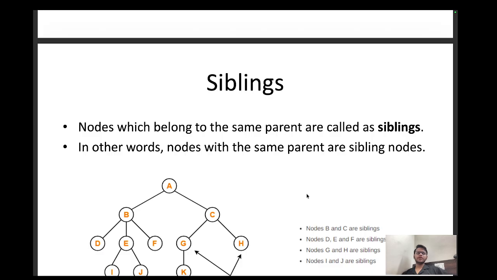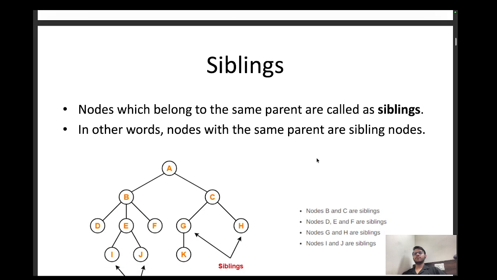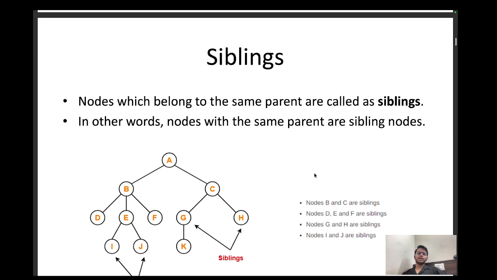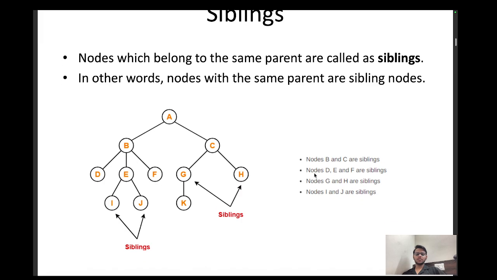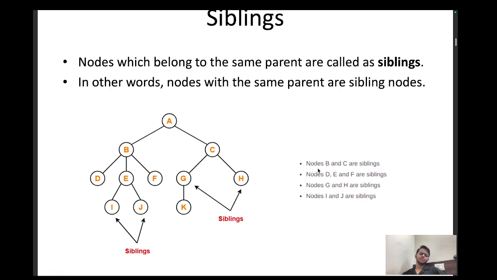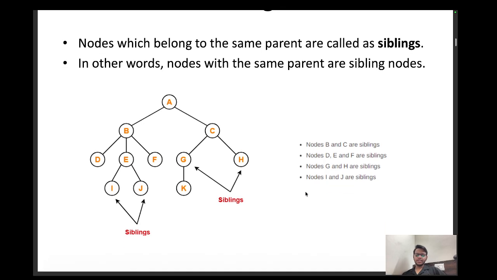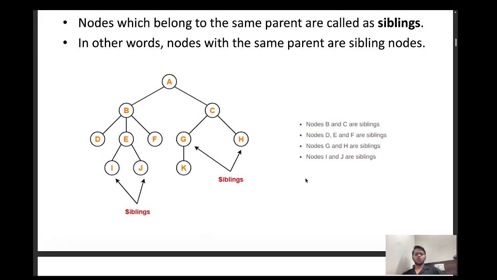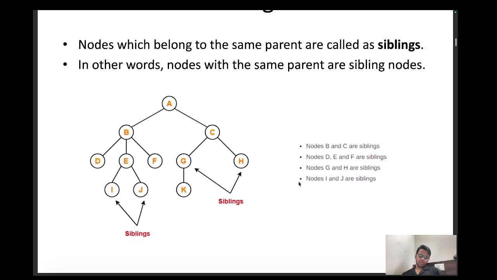Basically, in our families, if your father has a brother, then the children of your father's elder or younger brother will be your siblings, and also your brothers or sisters are siblings to you. Now let us see what siblings are.